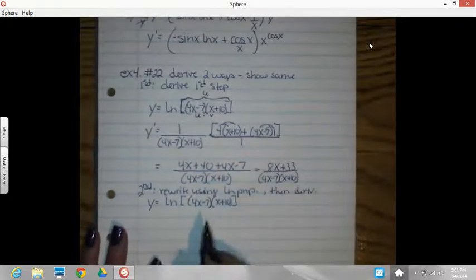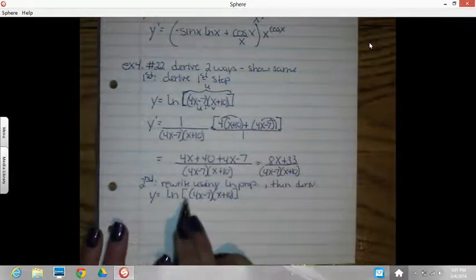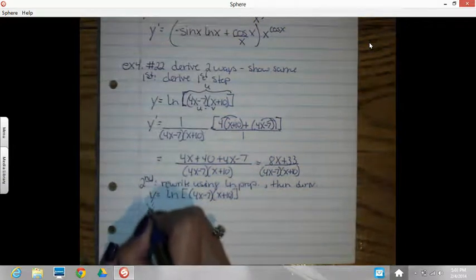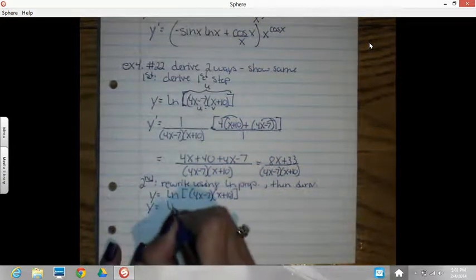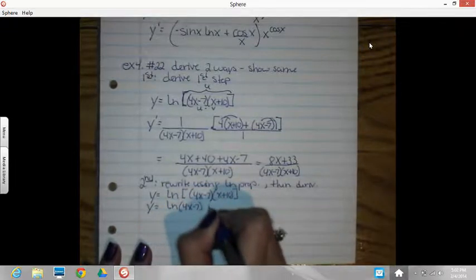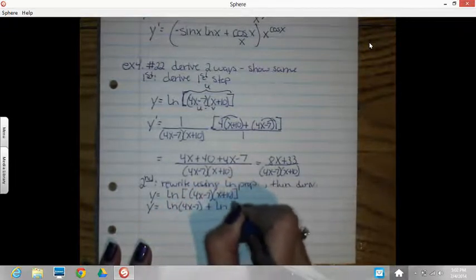So which log property can I use to rewrite this? Well, that would be this first one. I've got the log of two things multiplied. I can break that apart into the two separate logs added. So I'm going to rewrite first, no derivative yet. So natural log of 4x minus 7 plus natural log of x plus 10.